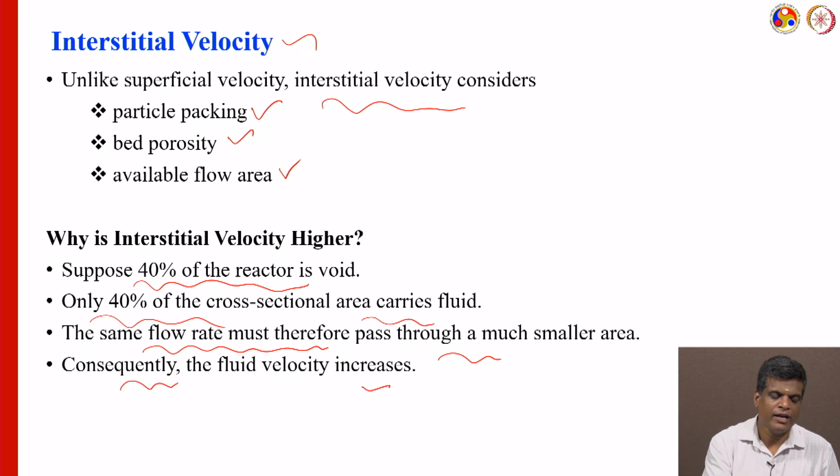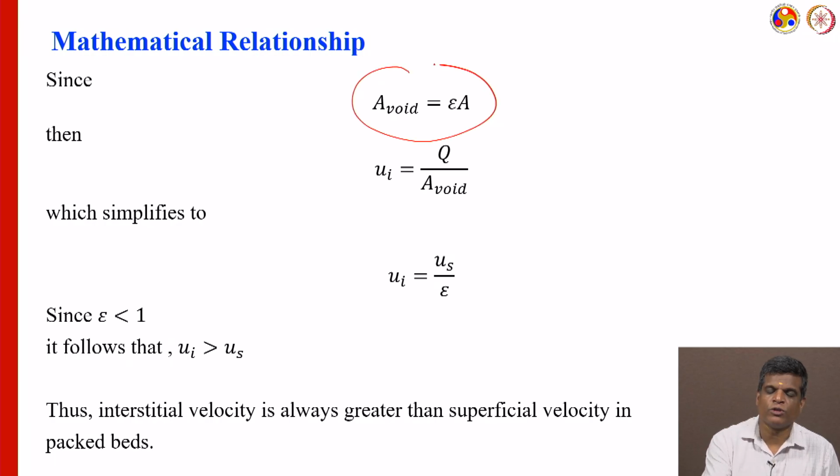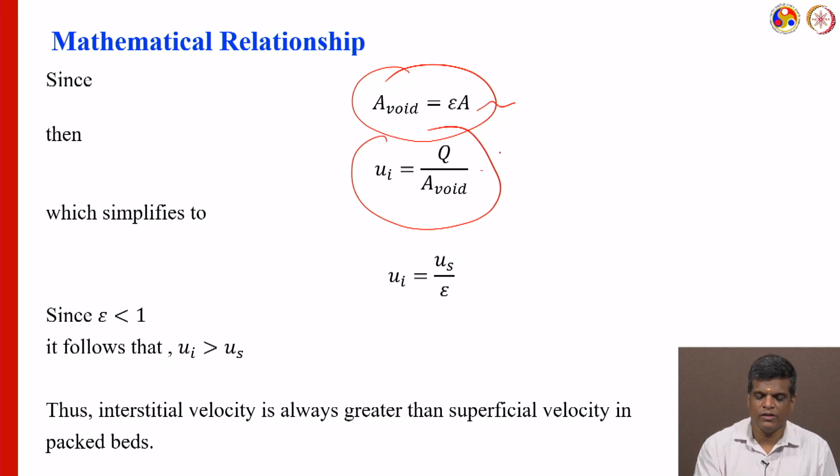So, if the interstitial velocity is higher, there is a mathematical relationship: area of void equals epsilon times area. Of course, we know Ui, the interstitial velocity, equals Q by A void.